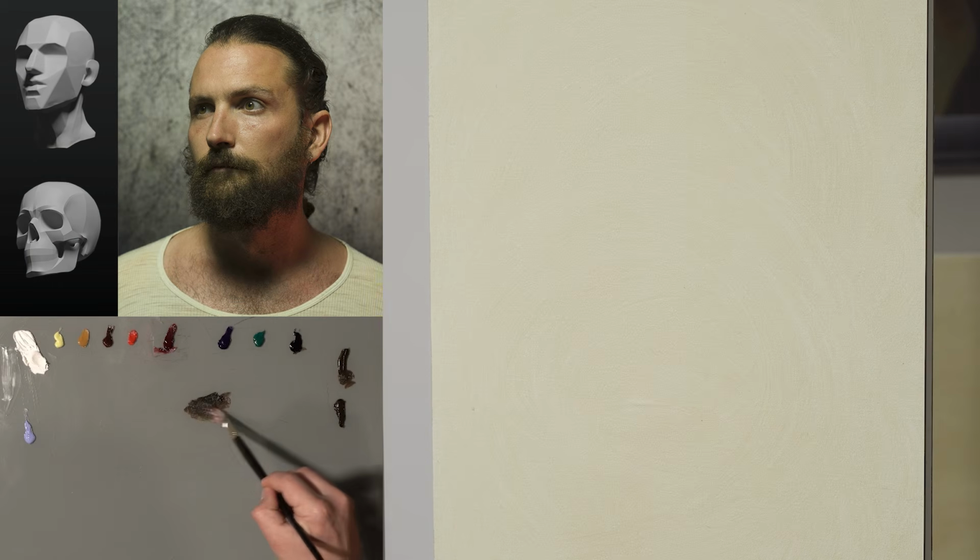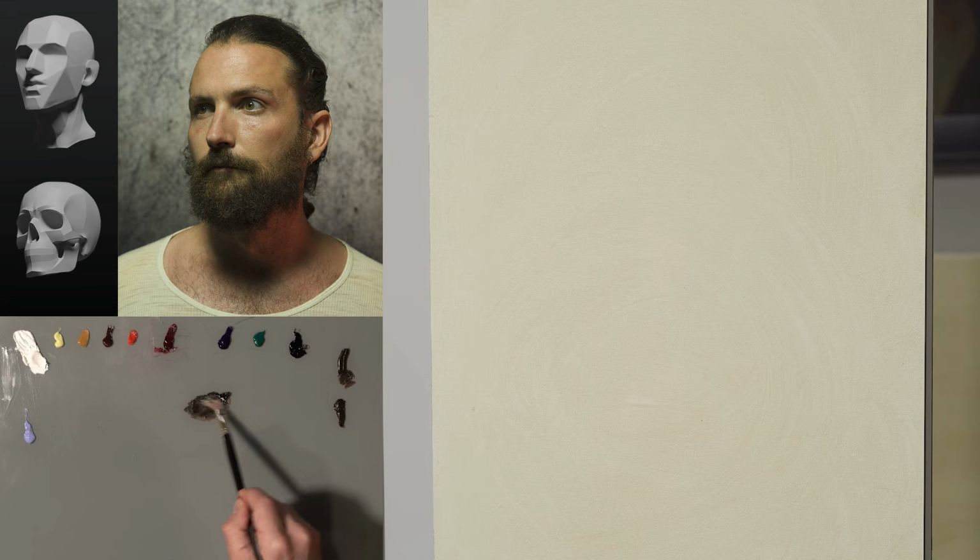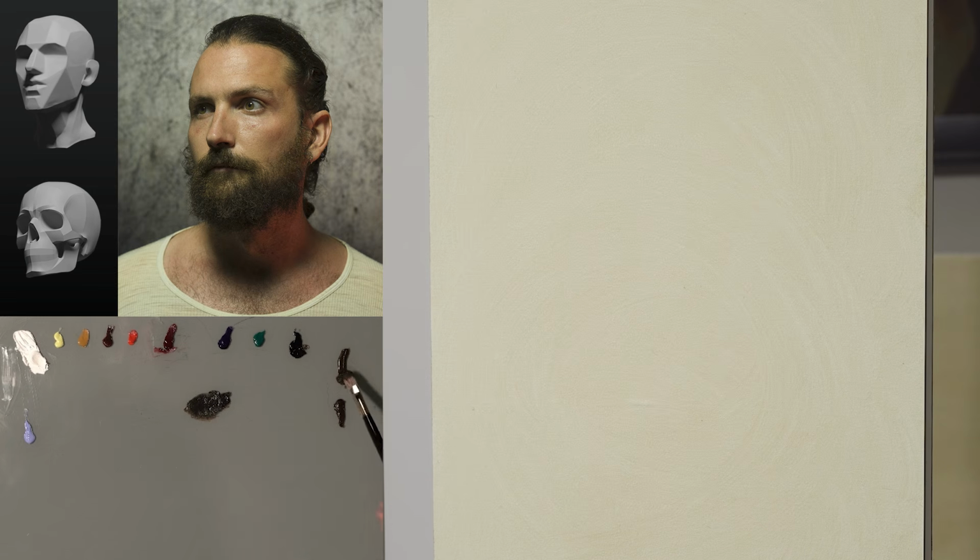What we perceive as darks are mostly the local color. So the beard and the hair, they are just local color. So the values don't represent the shadows. Only in the neck, but we will not touch the neck probably today.